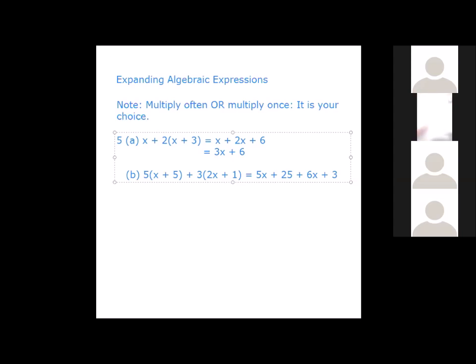We have 5x plus 25 plus 6x plus 3. What do you think is the simplified expression? 11x plus the constants, 25 and 3, 28, ma'am. So therefore, 5 parenthesis x plus 5 plus 3 parenthesis 2x plus 1 is equal to 11x plus 28.